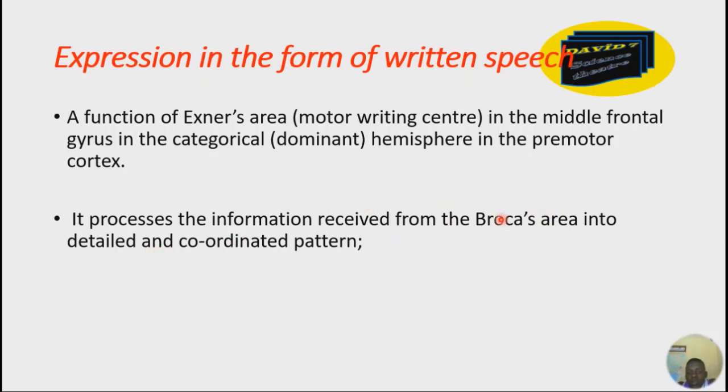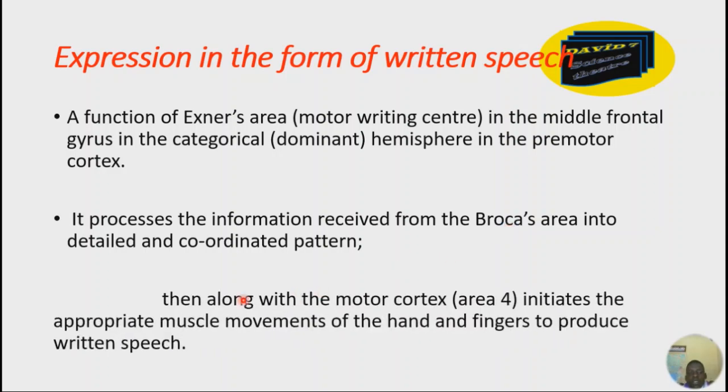So it receives from Broca's area. Broca's receives from Wernicke and from the angular area. Then, along with motor cortex area 4, it initiates the appropriate muscle movements of the hand and fingers to produce written speech. Hand and fingers.